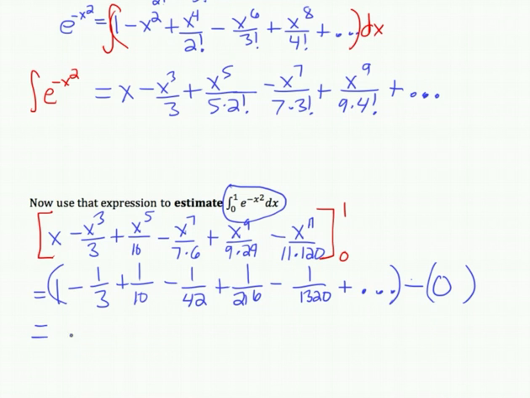So what do we have here really? Well, isn't this an alternating series? It's an alternating series. I think it's going 1 minus plus, minus, plus, minus.